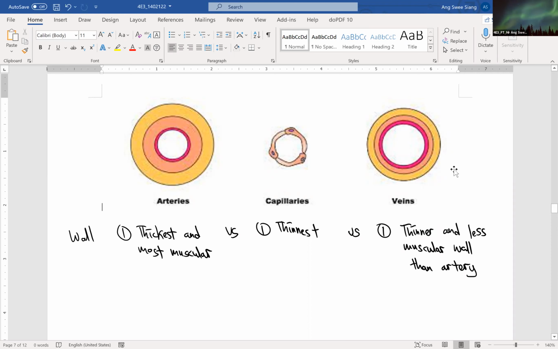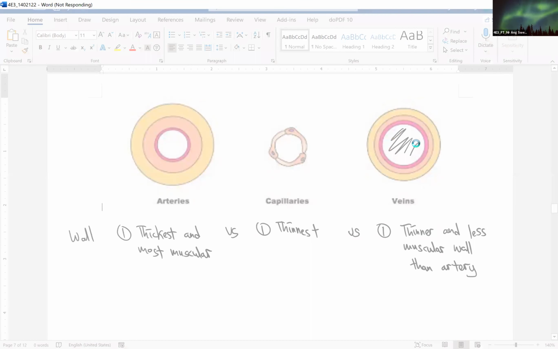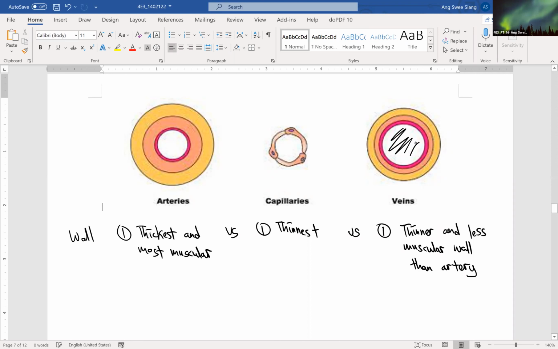Next. What you see inside here is called the lumen, not woman. I don't know why every time in previous years when I use this word, students hear me saying woman instead of lumen.